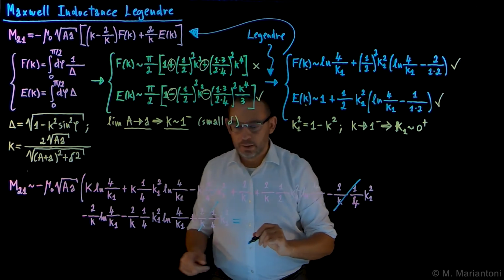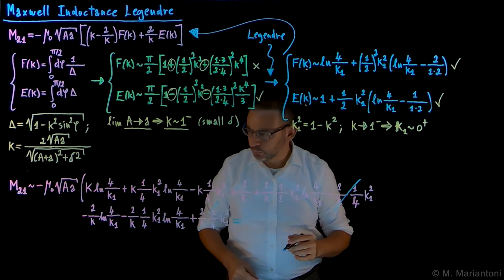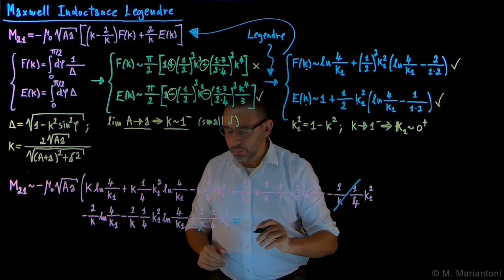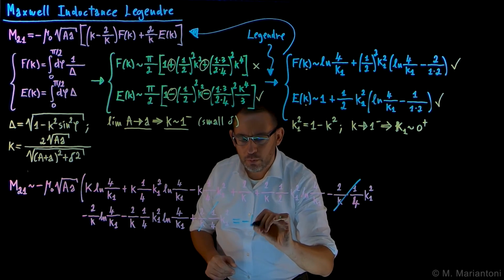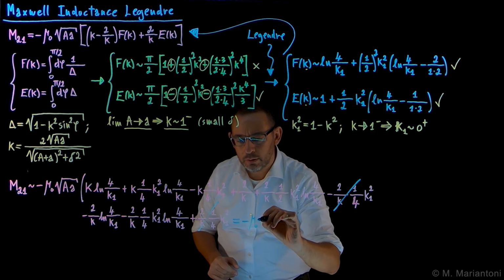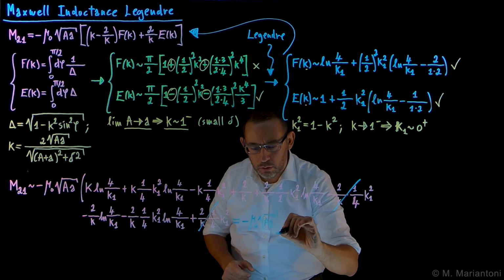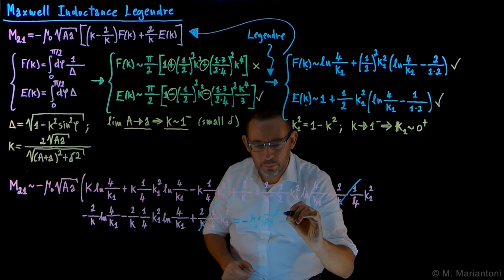For m21 it is going to be, of course, approximately, but the result of this calculation here is going to be, when we sum everything up, minus mu naught square root of a times two terms without the logarithm, 2 over k.